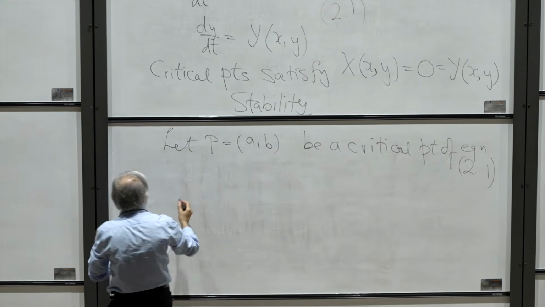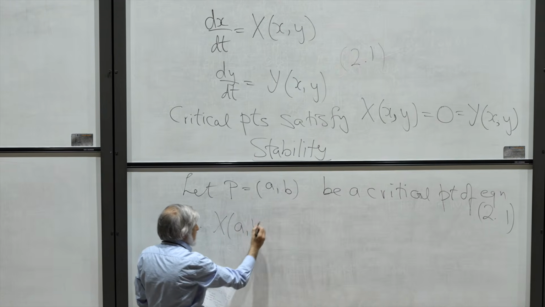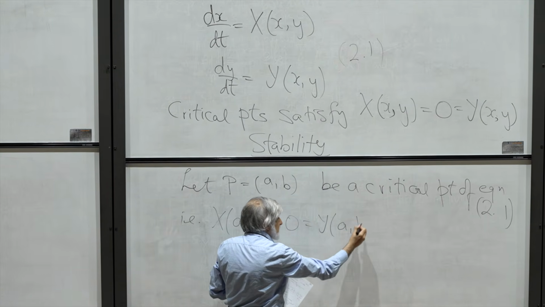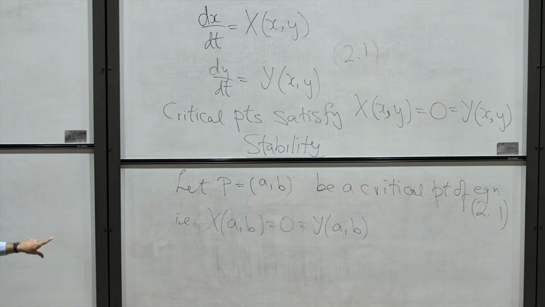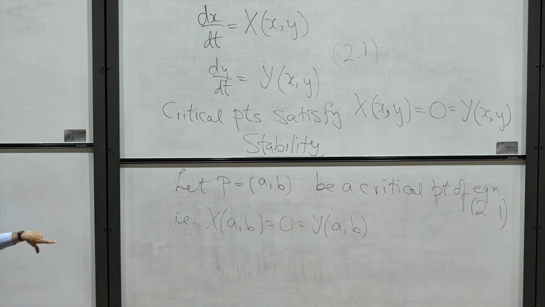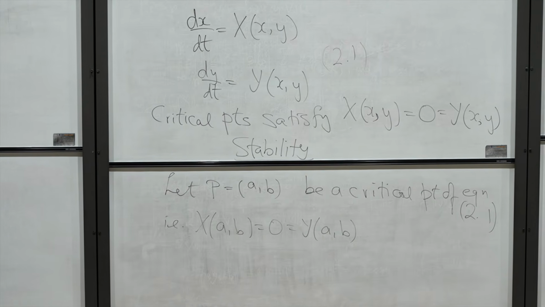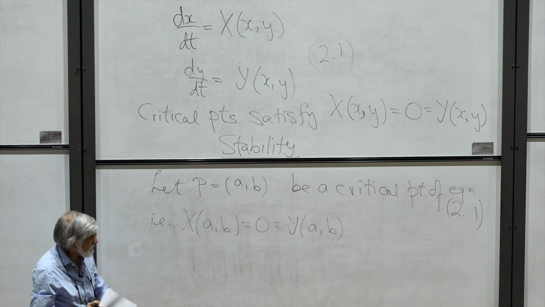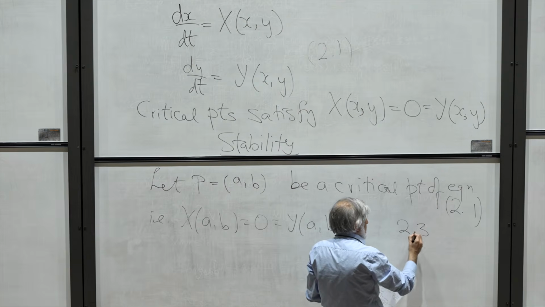So that means that x(a,b) equals 0 equals y(a,b). Don't get confused, because remember when we were doing the system with one equation, we had y of a equals b. These are different a's and b's. They're not connected with that.